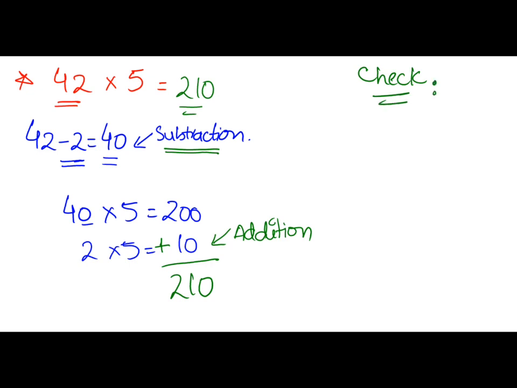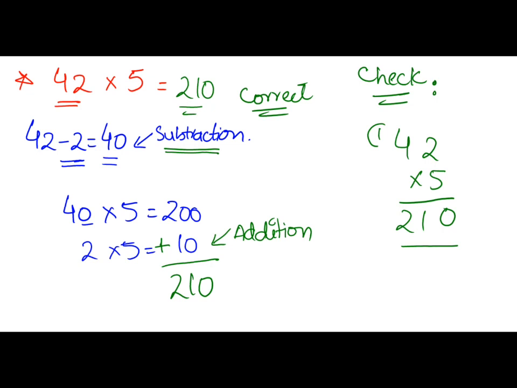Just to verify my answer, 5 twos are 10, and 5 fours are 20, and this is 210. So yes, I got the correct answer. This is called the compensation method.